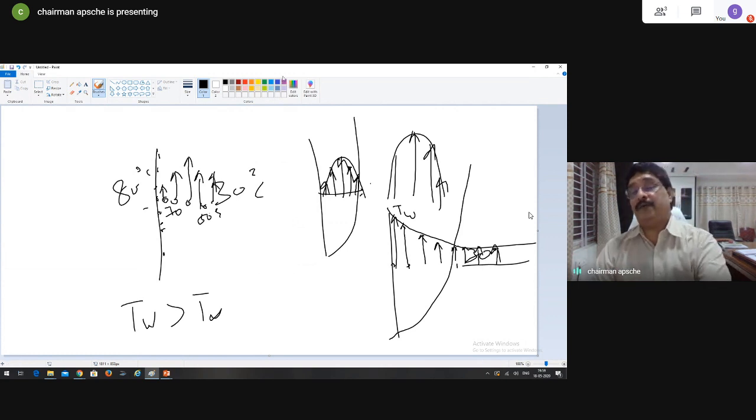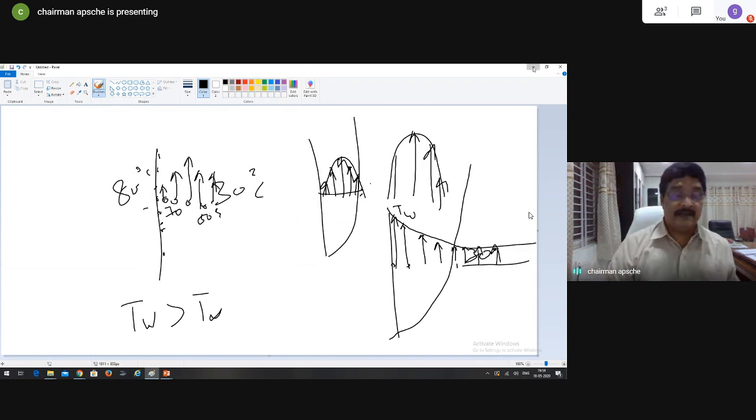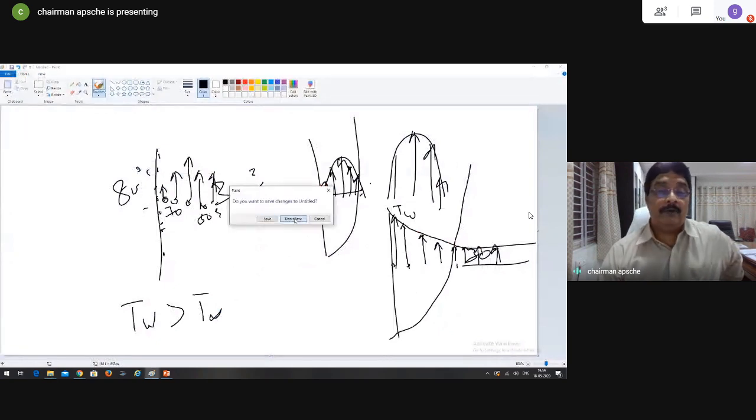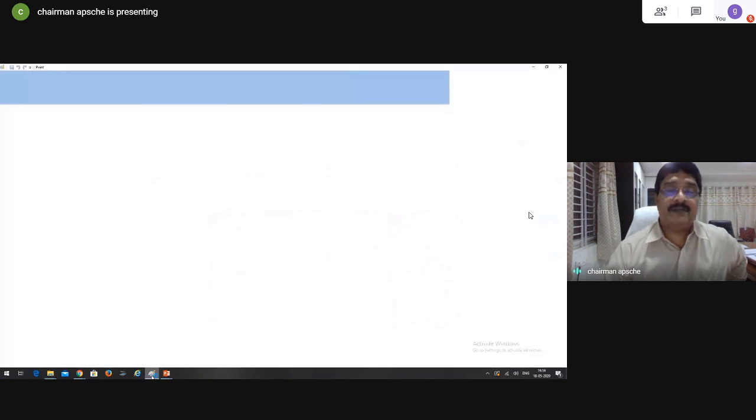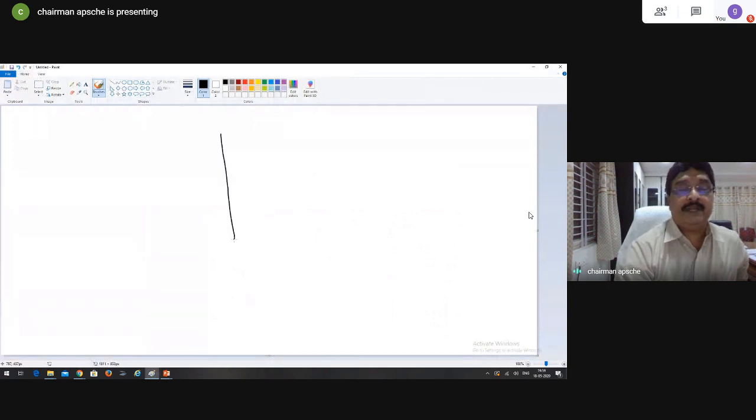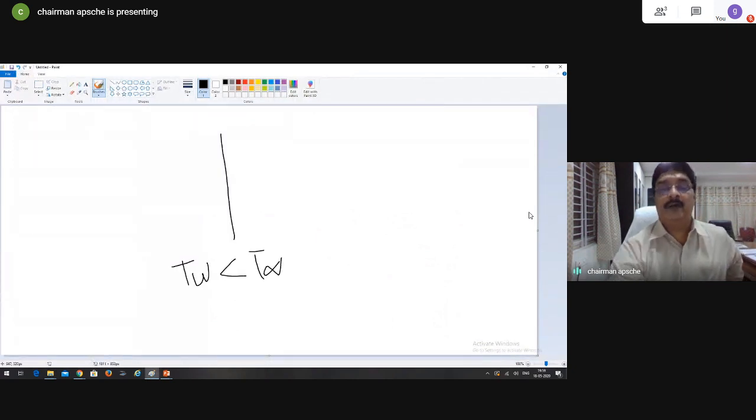So you can plot a temperature profile as well as a velocity profile. Now, very quickly, if TW is less than T infinity, meaning hot fluid coming in contact with the cold plate, it is giving away heat. Maybe the fluid is at 80 degrees centigrade and the plate is at 30.